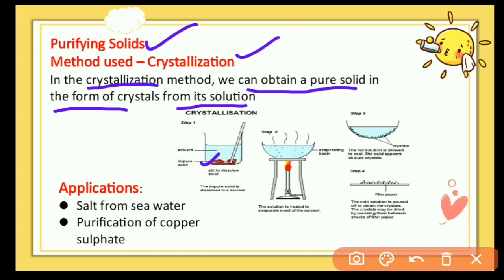After that, evaporate water from the copper sulfate solution until we get a saturated solution, cover the solution with filter paper and leave it undisturbed at room temperature to cool slowly for a day, and we will obtain crystals of copper sulfate in the china dish. This process is called crystallization.